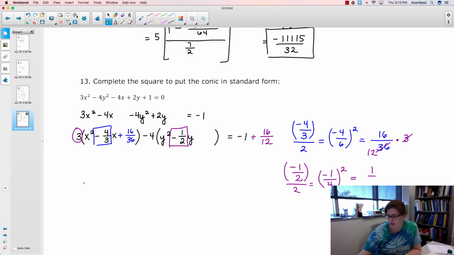So I have 1 on the top, 16 on the bottom, and that's what I have on the inside. Now what I actually have is that times negative 4. So this gives me negative 1/4.